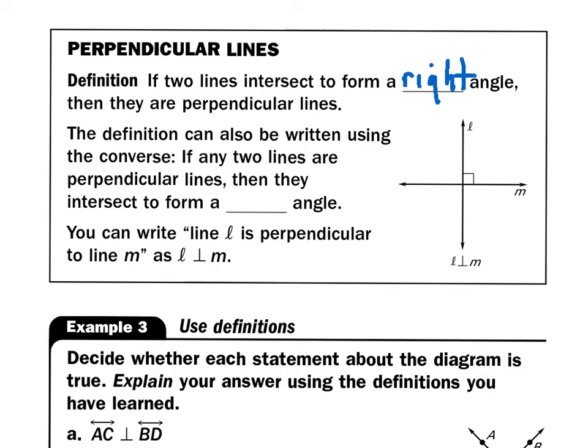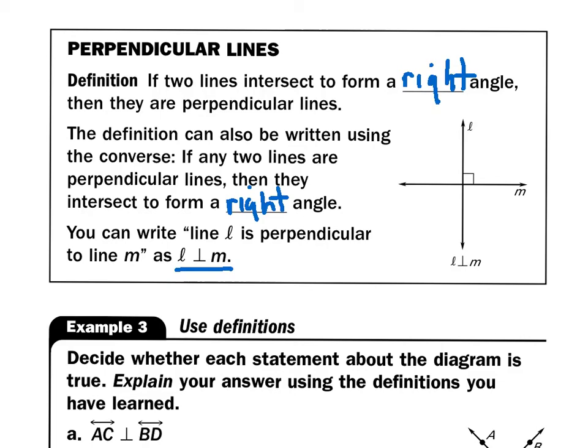The definition can also be written using the converse. If any two lines are perpendicular lines, then they intersect to form a right angle. You can also write line L is perpendicular to line M using the perpendicular symbol.